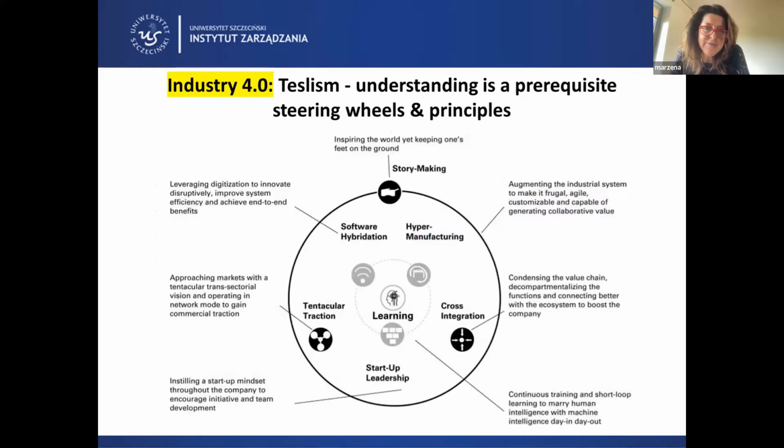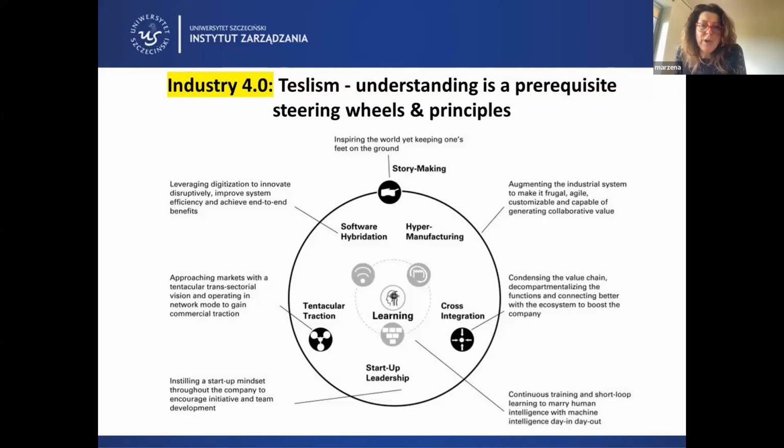You can see this first steering wheel, as I say, directed to the outside of the company. Then we have the inside steering wheel, and in the middle, the core skills and competences. It's learning, and it is very important because the slogan of the new business strategy for the organization of Tesla is that understanding is a prerequisite. So we have to understand, and we have to learn and adapt.